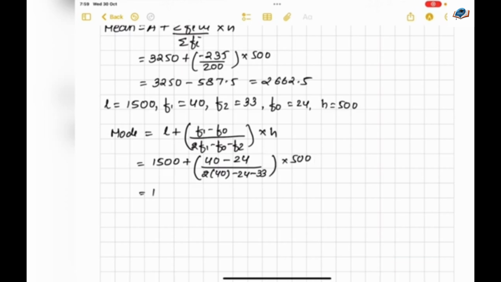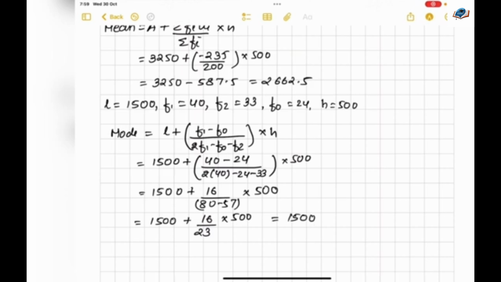So that is coming to 1500 plus 16 by 80 minus 57 into 500. So that is coming to 1500 plus 16 by 23 into 500. So that is 1500 plus 8000 divided by 23. So 1500 plus 347.82. So that is coming to 1847.8.